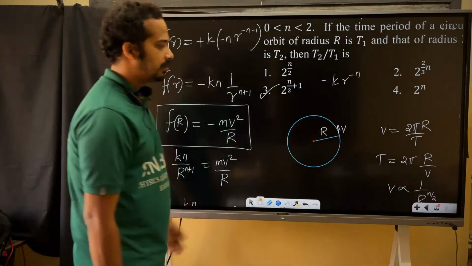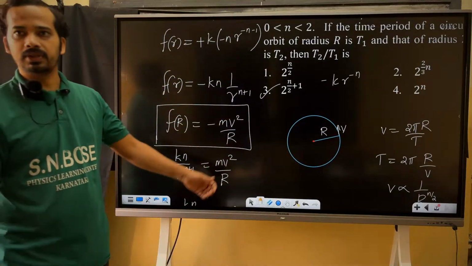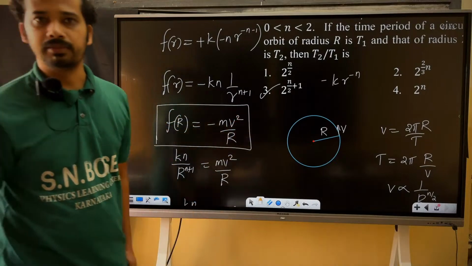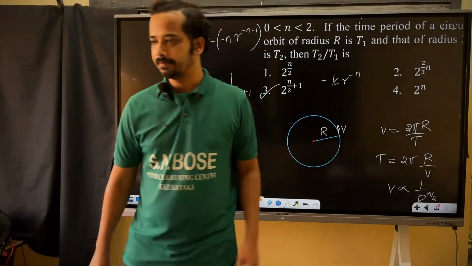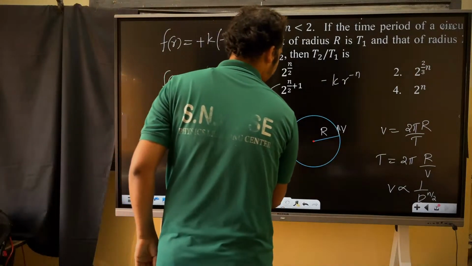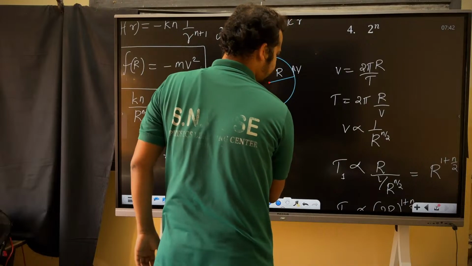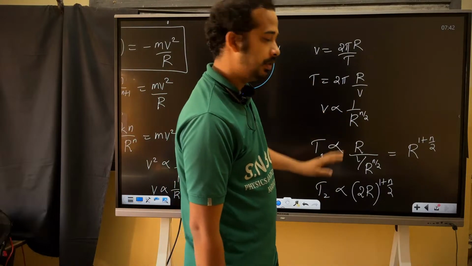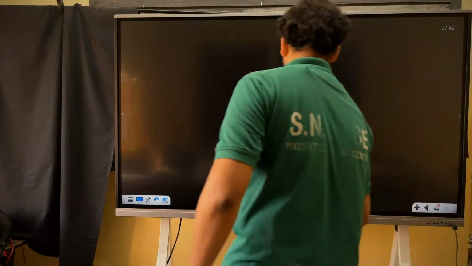And he's connecting it to angular frequency in the earlier problem, and in this problem to time period. Have the habit of writing the detailed steps. Then mistakes won't happen. If I skip any step, usually mistakes will happen.